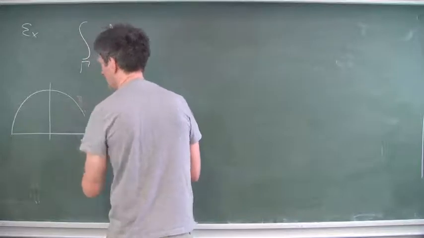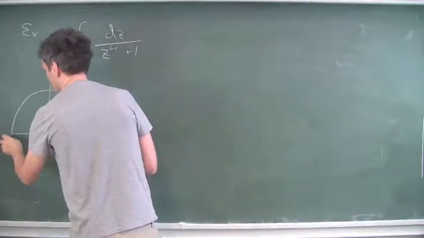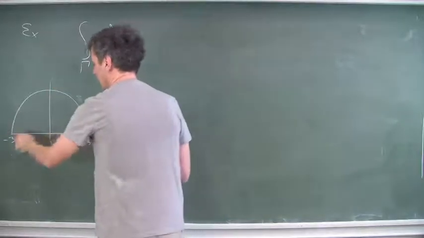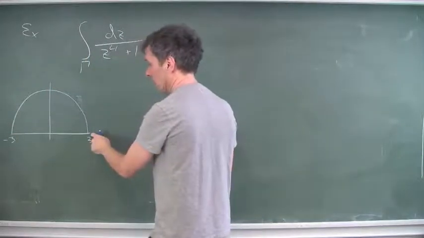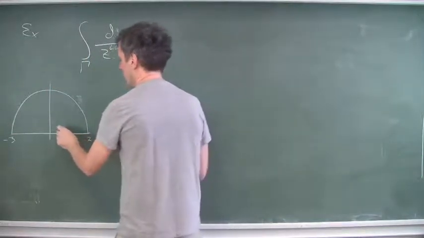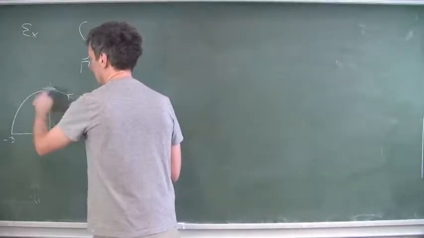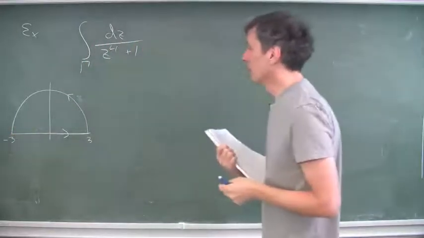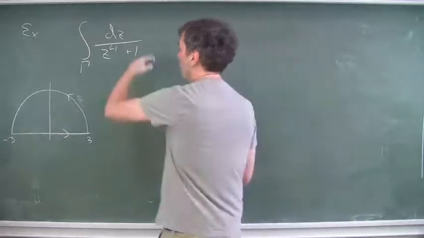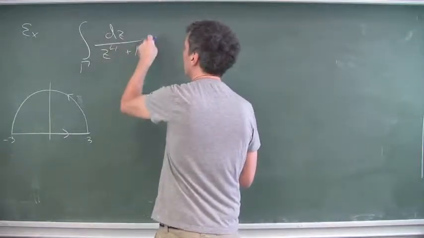So this is the point 3 here, and this is the point minus 3. You have one part which is along the real axis, and then you have this semicircle. So how do we compute this integral?